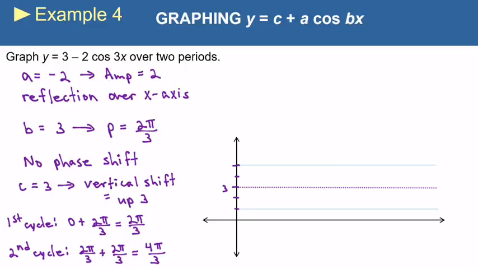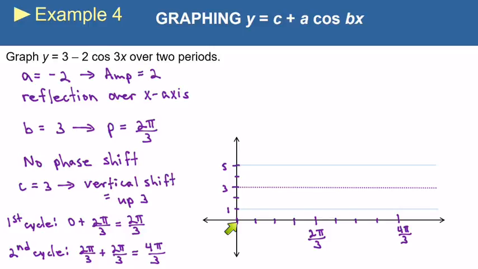Okay, now let's label our x-axis. Remember, we start at 0 because there's no phase shift, so I'll put my first mark on the y-axis and then 4 more evenly spaced marks. And that last evenly spaced mark is 2 pi over 3. And now 4 more evenly spaced marks, and then the end of the second cycle is there.